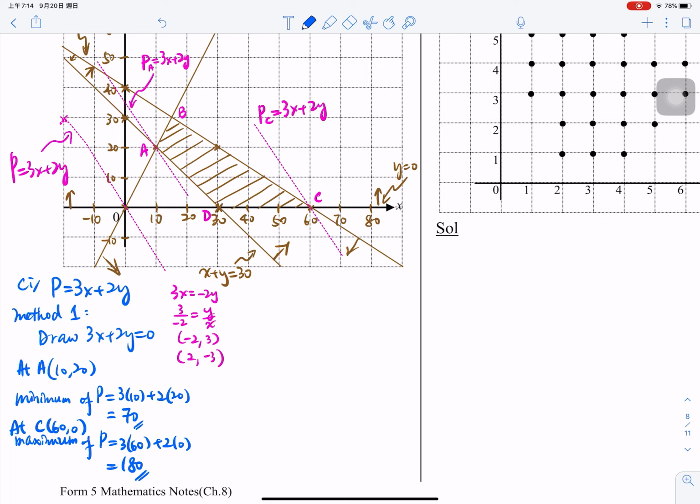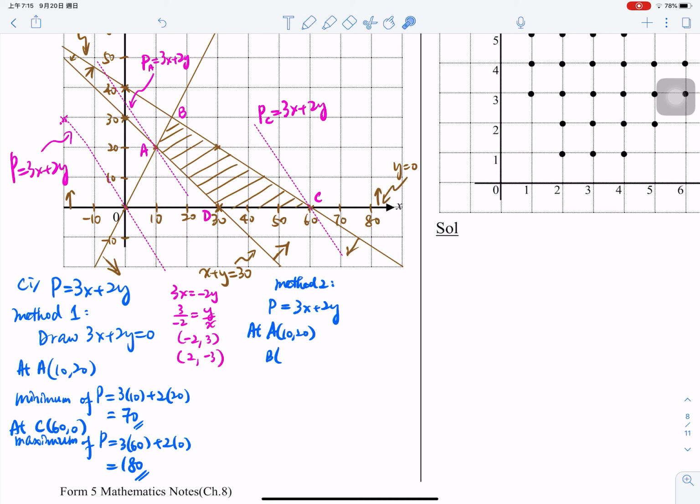Now if we use method 2, think about it. P equals 3x plus 2y, and you need to check all the vertices. Remember, method 2, you need to check all the vertices. At A, 10, 20. B, what is the value of B?